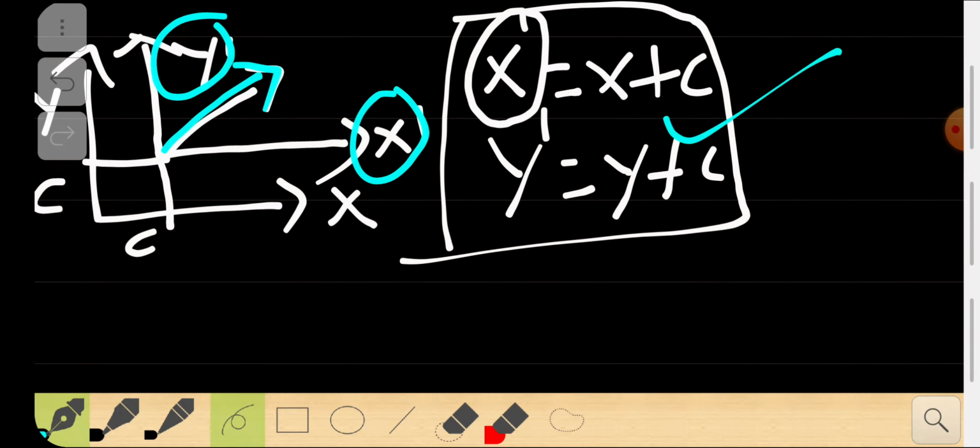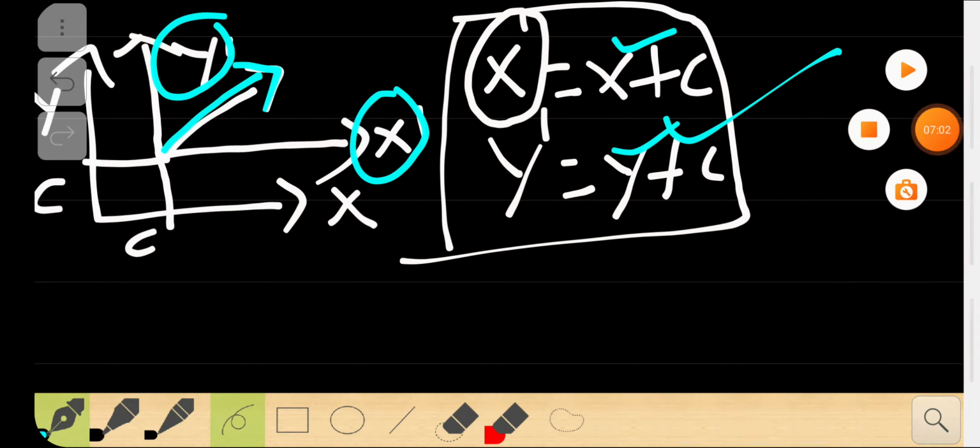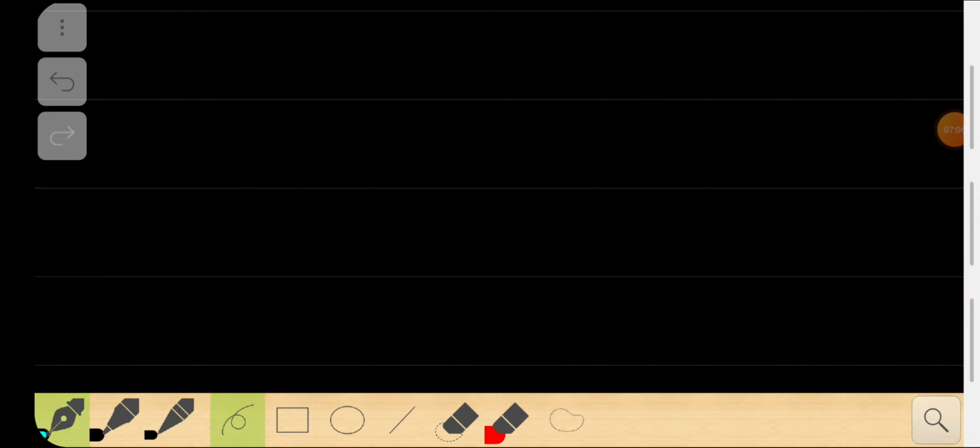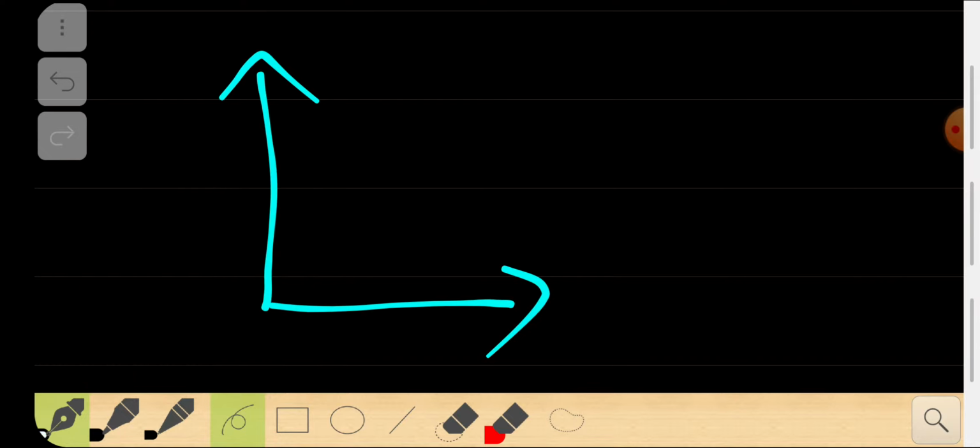You get the coordinates of the vector in terms of x and y. So all you need to do is just that transformation. Okay, now what happens if this was the earlier coordinate system, and the new coordinate system is something like this.